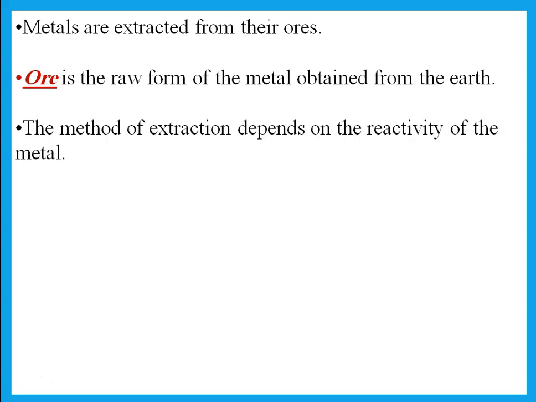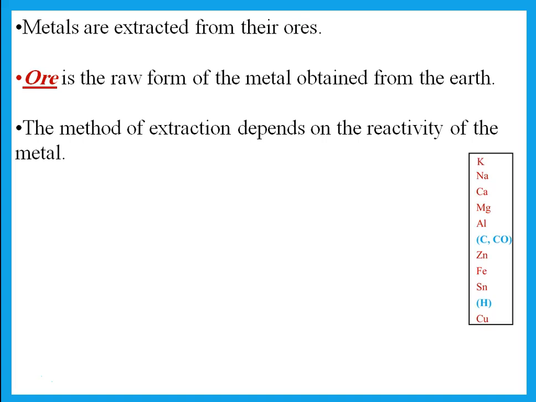So the method of extraction depends on which metal we are talking about, because it depends on the reactivity of this metal. When we look at the electrochemical series, there are two main methods of extracting metals: either we use electrolysis or we use reduction with carbon.